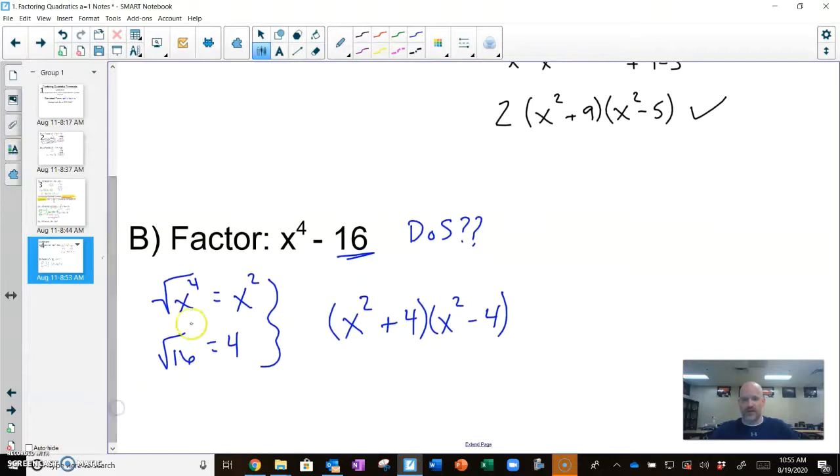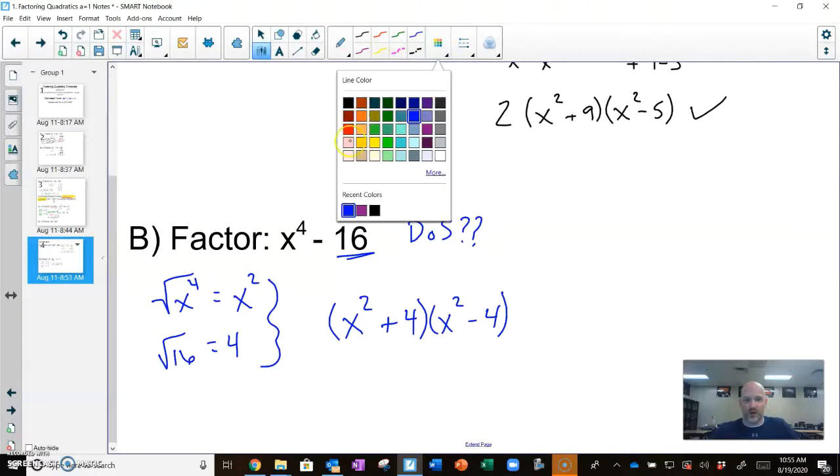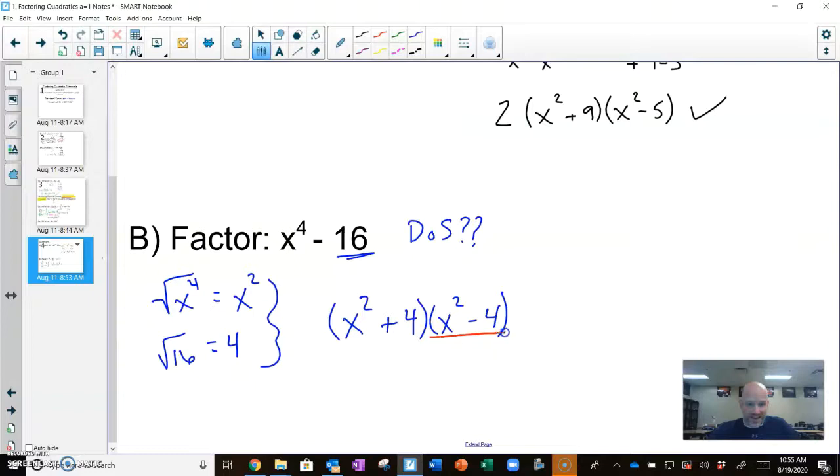But in the words of the late, great Billy Mays, but wait, there's more, because ooh, what's this? Is that a difference of squares problem inside of a difference of squares problem? That's right. It's like one of those Russian nesting dolls. That's insane.